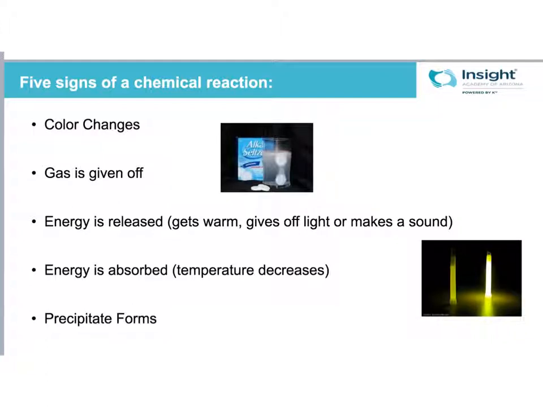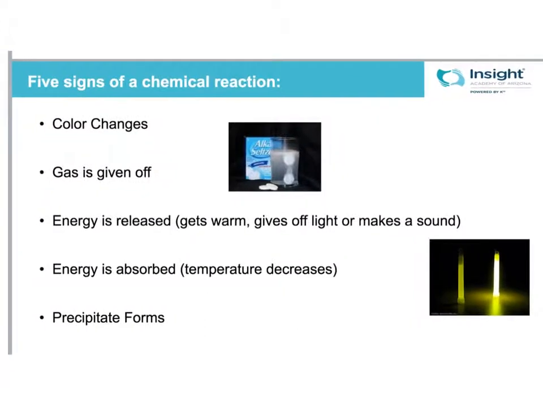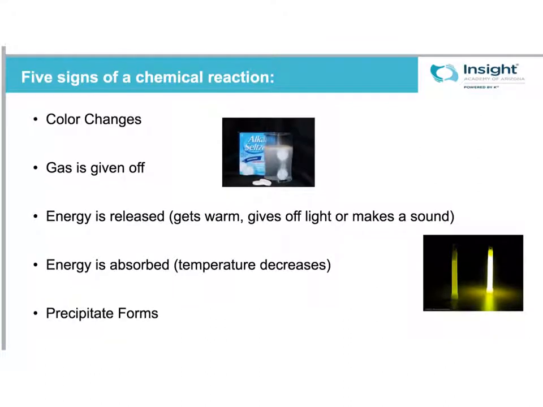The 5 signs of a chemical reaction are a color change, and we're talking about a drastic color change. Something like, you combine 2 clear liquids and suddenly it turns yellow, or you combine a blue liquid and a red liquid and it turns green.